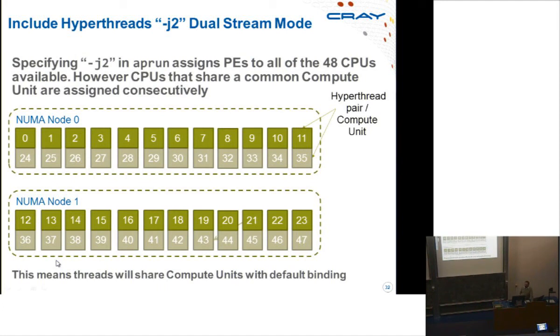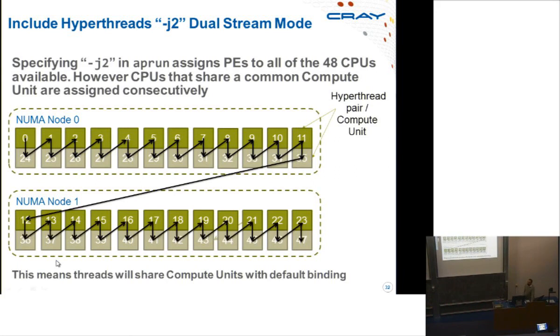Except it doesn't do it in the same consecutive order. It starts binding things such that the hyperthread pairs are bound first. So it's probably best illustrated. The first PE that's bound will be 0. The second one will go to its compute unit pair, its hyperthread pair, number 24. Similarly, it will keep doing this all the way through until it gets to 48.